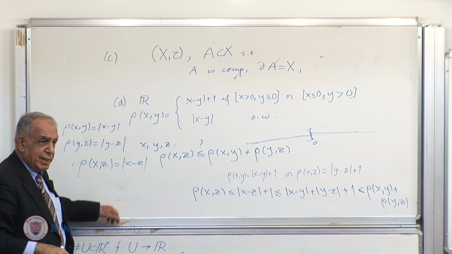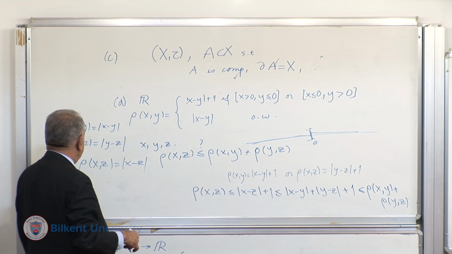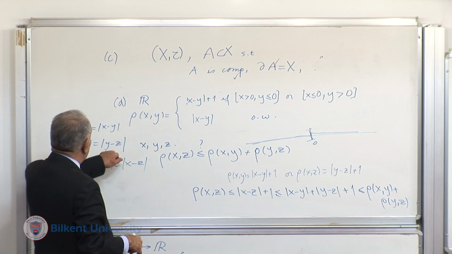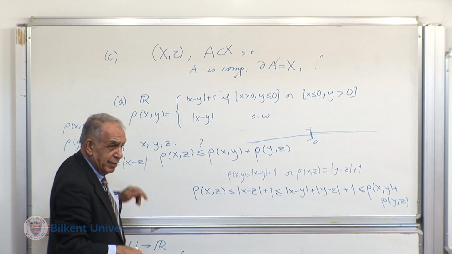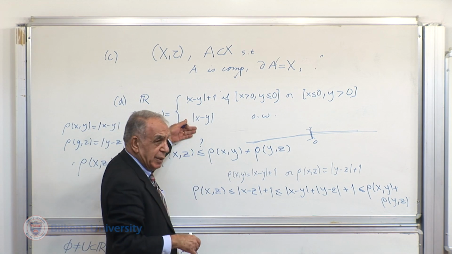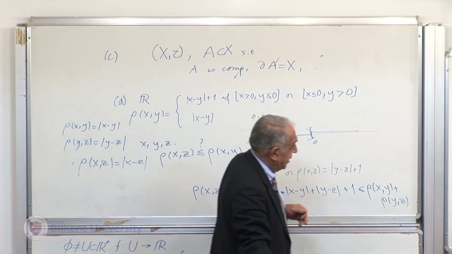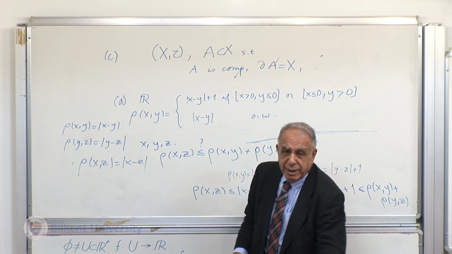And that does the job. X minus z will be less than or equal to the sum of these. Everything reduces to this part. Any questions about this?